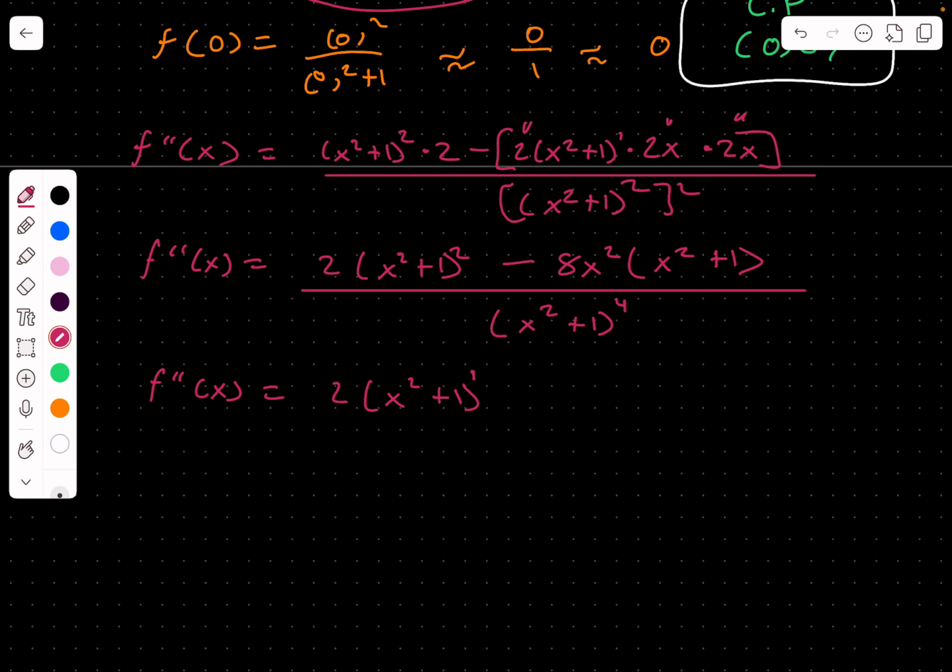That's what we're pulling out. And when we pull this out, we're left with 1 minus 4x to the 2nd power, all over, oh, did I make a mistake? Let's see.